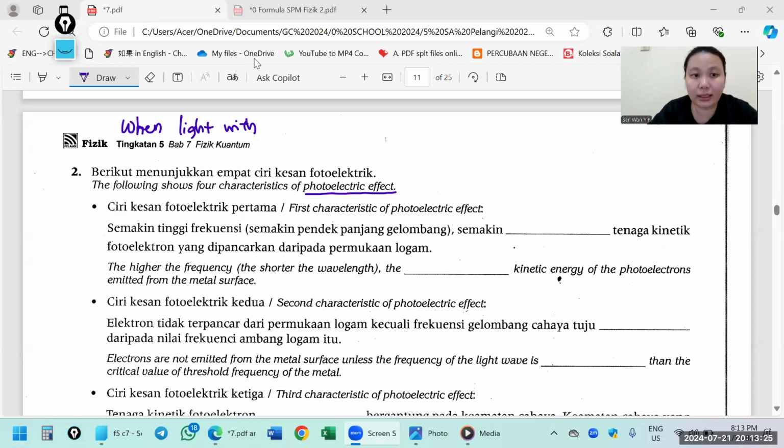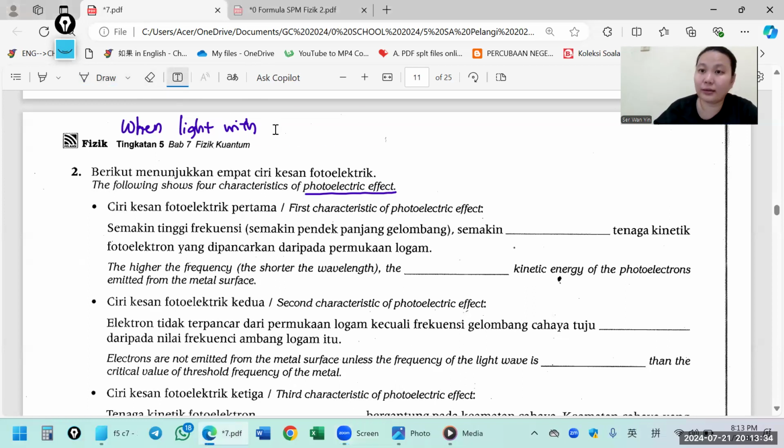Can, yeah. Certain frequency also okay. Certain wavelength also okay. Yeah, right.